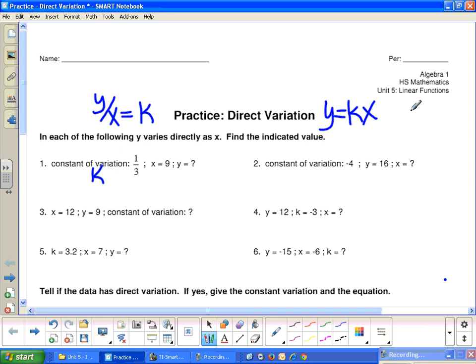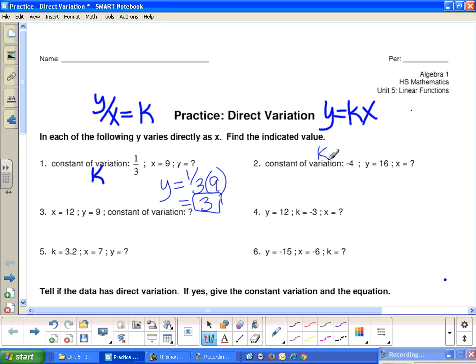Or if you want to say for measurement, people, whatever it is, this is changing. That is 1/3 of whatever x is. So, y equals 1/3 times 9. What's 1/3 times 9? 3. So we have 3.